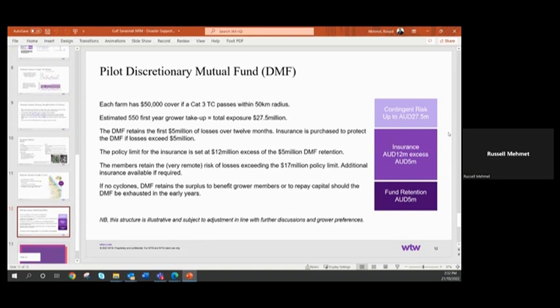Obviously it's not going to be a cyclone in every one of those locations, but how we worked it out was that if each farmer had $50,000 worth of cover, with various increments of 50,000, and a category 3 passes within a 50-kilometre radius, the total loss would be that top amount, 27.5 million, if everyone had a loss of the 20% we estimated in the initial stages. But more likely, it would be far less than that.